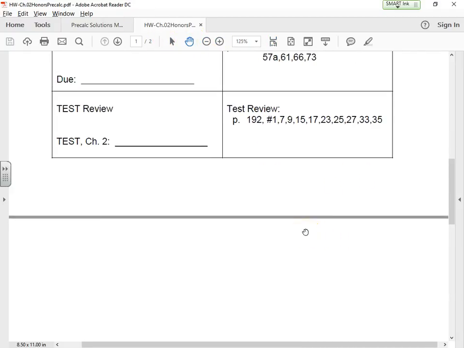Turn your spiral, new section, new side. New assignment. Remember, test review does not have a homework number, first of all. Second of all, still put the assignment and say Chapter 2 review. Third of all, do you have to write directions or problems on reviews?